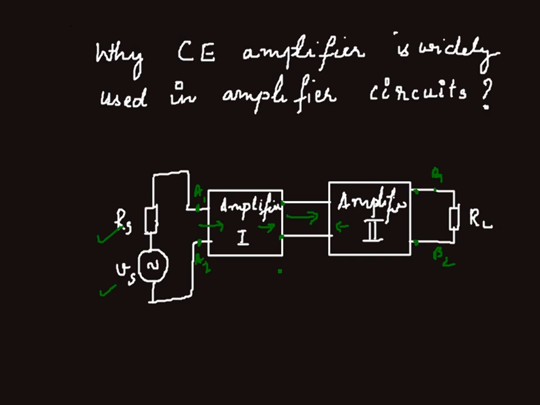This range is considered to be better when compared to the common base configuration. So the transistor in common emitter configuration will make a better amplifier. That is why we widely use the common emitter amplifier in amplifier circuits.